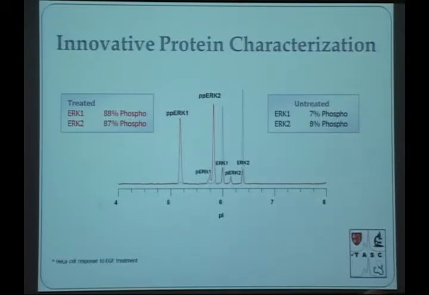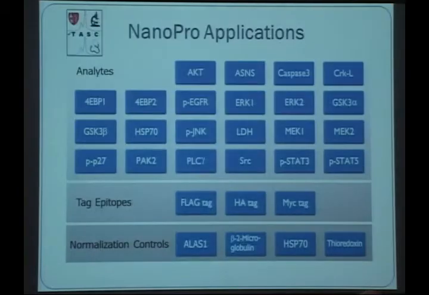And so you can now see all kinds of different isoforms that come up. And so this is a really powerful method because you can look in real time at what happens during activation of a certain signaling pathway.